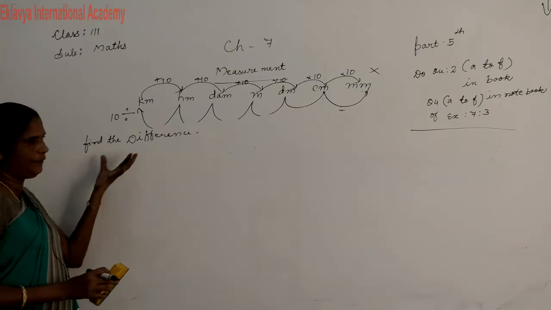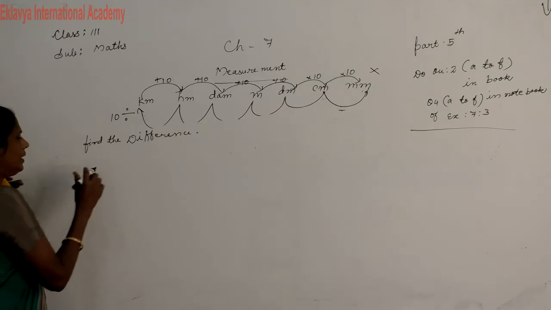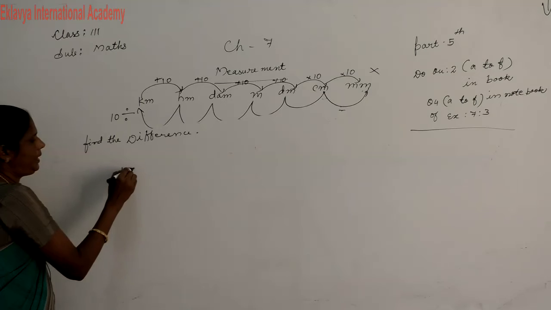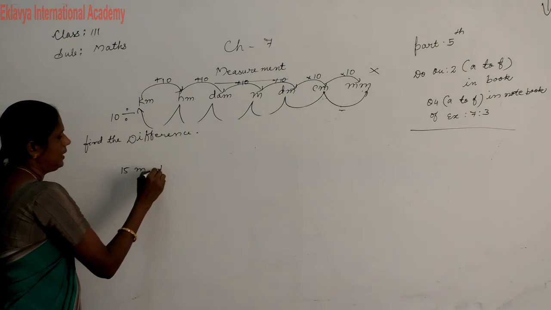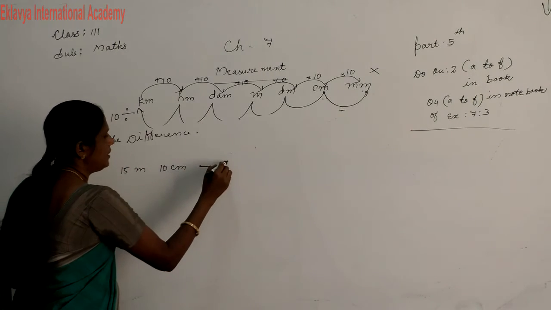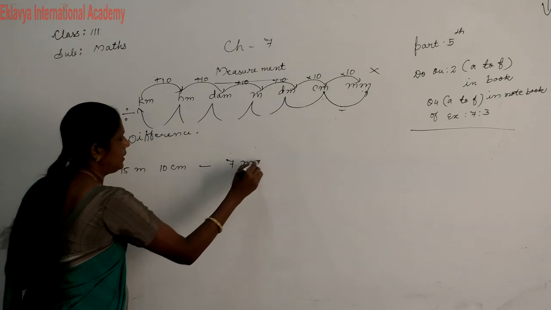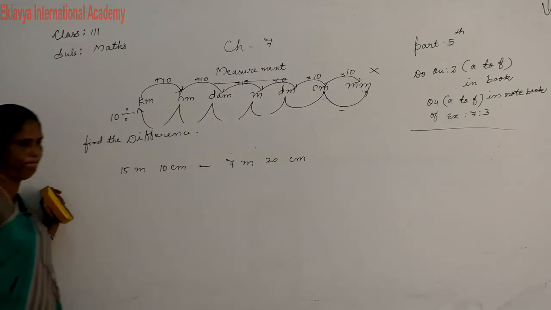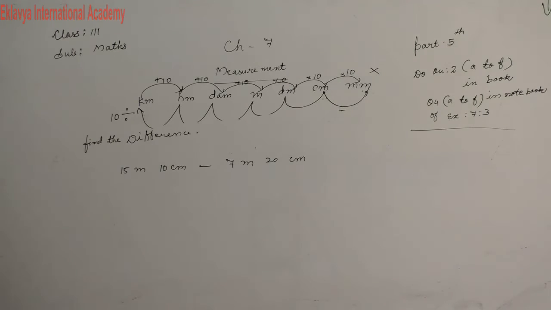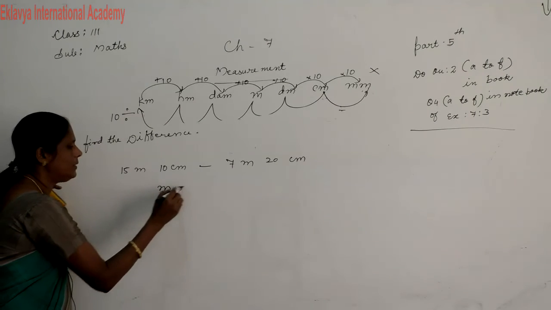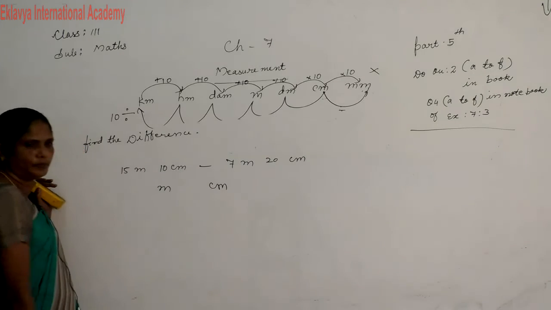Find the difference. This is our question. 15 meter 10 centimeter minus 7 meter 20 centimeter. First you write two columns, meter and centimeter.